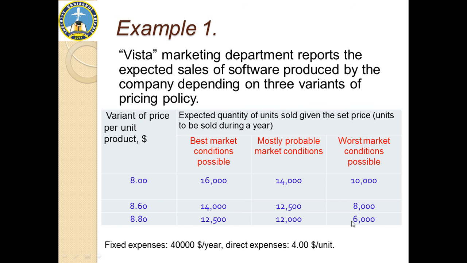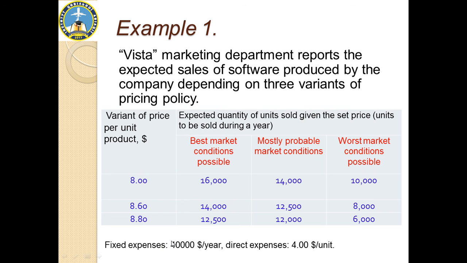Plus, the company has some fixed expenses of $40,000 per year. These fixed expenses are related with some production and technological processes, like you have to pay some salaries and some fees, some shipments, and so forth.